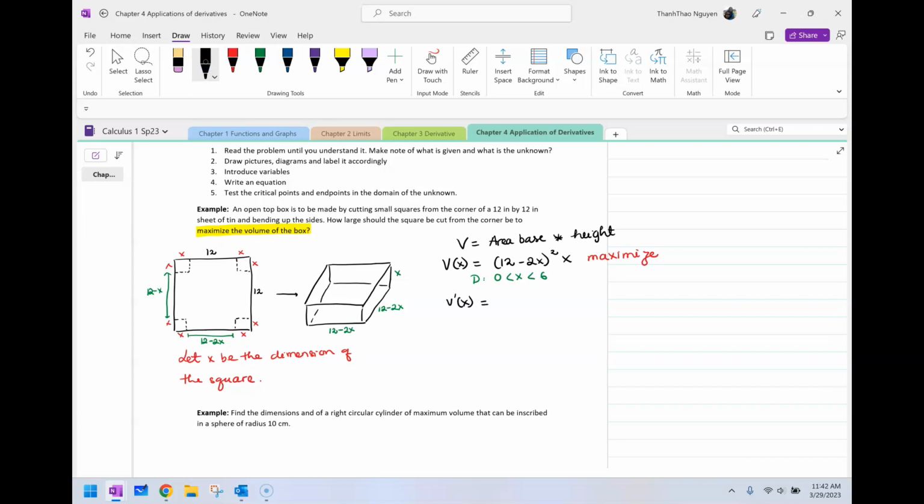V prime of x equals 2 times 12 minus 2x times negative 2 times x, plus 12 minus 2x squared. This is the product rule and chain rule.